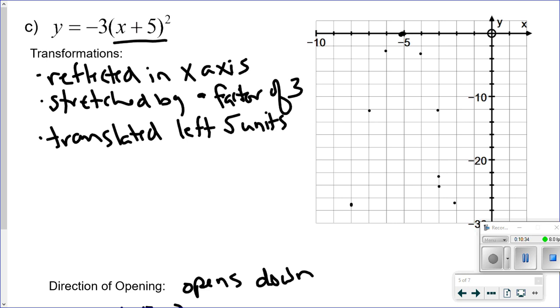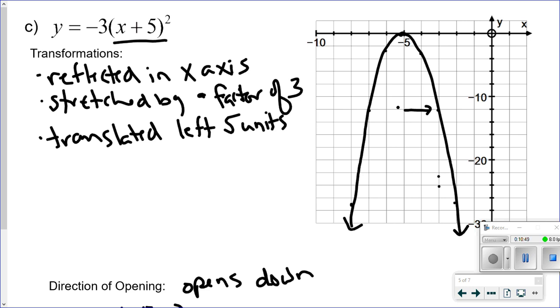Notice I'm only counting on one side. As you will no doubt remember, parabolas have that line of symmetry, so whatever you find on one side has got to exist on the other side. Just make sure that your points are equally far away from the line of symmetry.